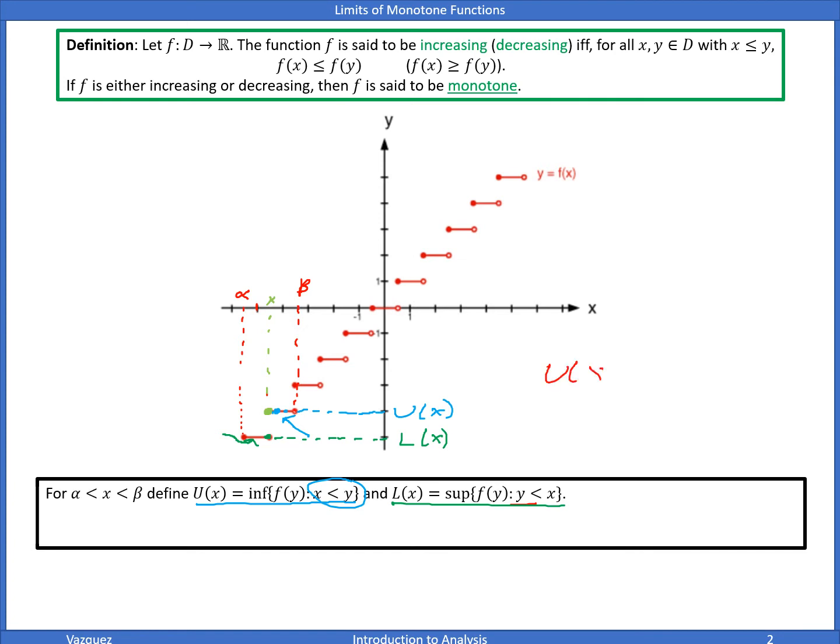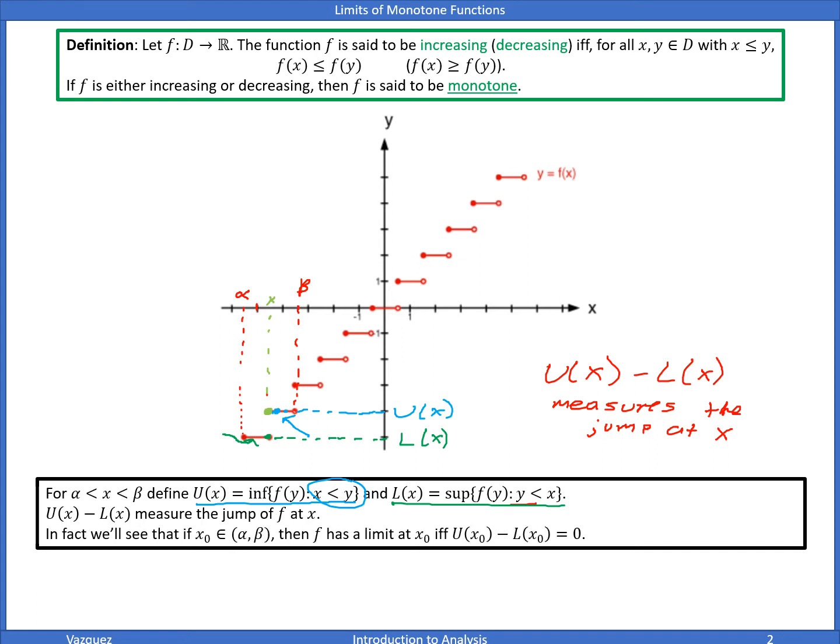So U of x minus L of x, the way we're defining them like this is because this measures the jump at x of a point, right? So U of x minus L of x measures the jump of f at x. And we'll see that f has a limit at x naught if and only if the difference between U of x and L of x is 0.